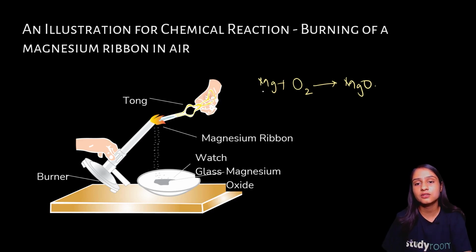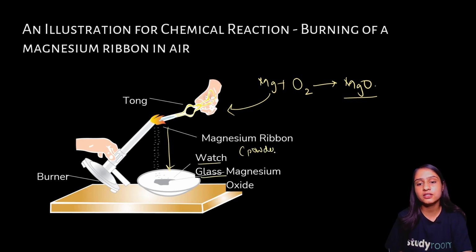So this is the ribbon, and it reacted with the atmospheric oxygen because it was burned. The magnesium oxide got formed and was collected in the watch glass, in a powder form. Do you see that the state changed and also the property changed, right?